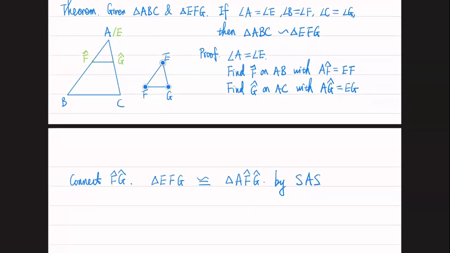They are congruent, in particular, these 2 angles will have the same ratio and the same measure. This implies angle F equals angle AFG.